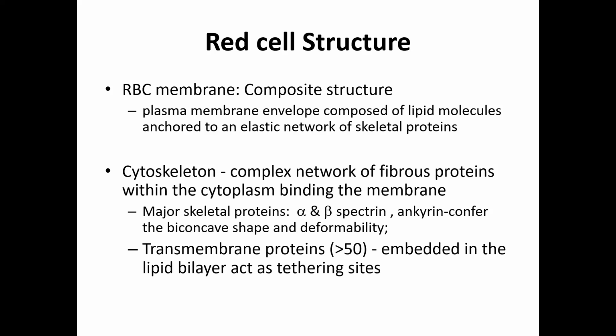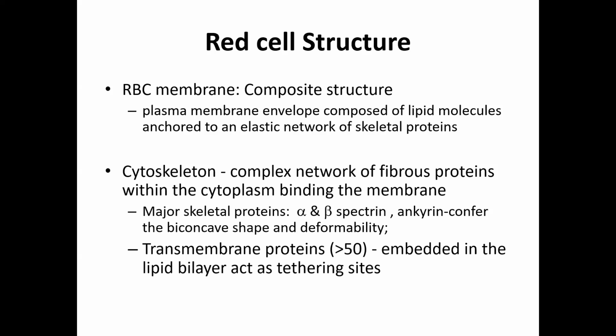And I will show you this in a diagram so that you are able to visualize what I mean. The skeletal proteins, or cytoskeleton, is a complex network of fibrous proteins within the cytoplasm that are binding the red cell membrane.